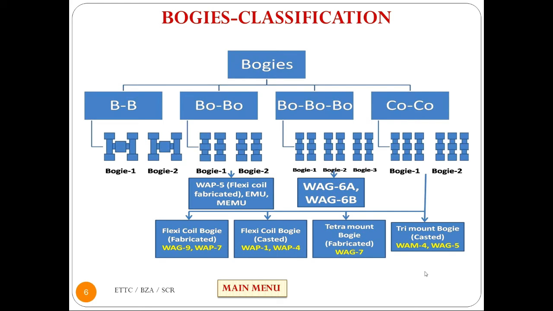So if it is a BB, B stands for each bogie having two axles, and the axles are mechanically coupled. In this, each bogie has two axles, axle number 1 and axle number 2, but the axles are mechanically coupled.